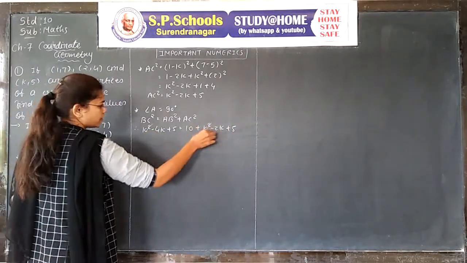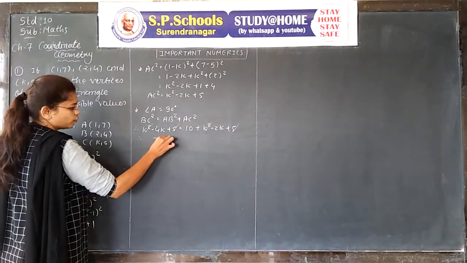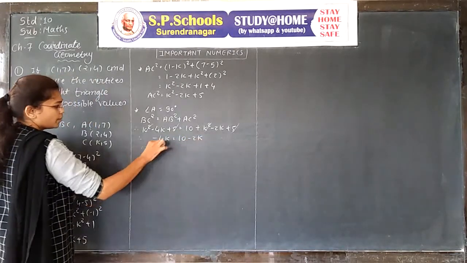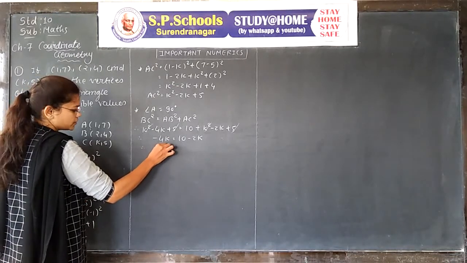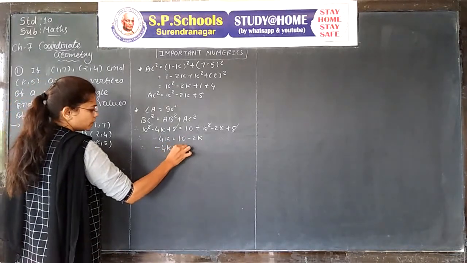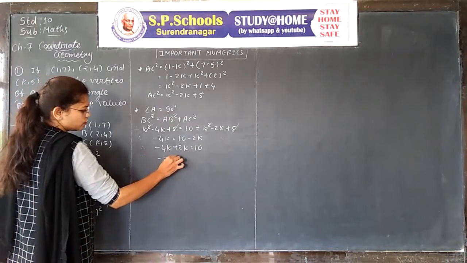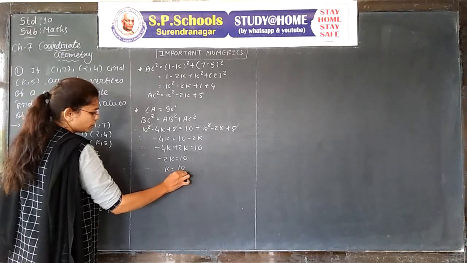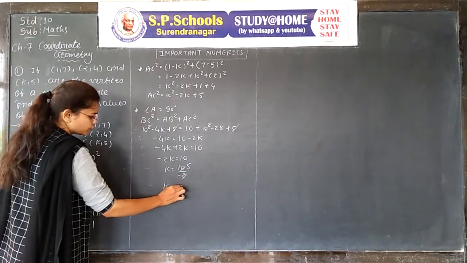K square is cut, 5 is cut, the remaining minus 4K is equal to 10 minus 2K. Shifting terms, minus 4K plus 2K is equal to 10. Therefore, minus 2K is equal to 10 and K is equal to 10 upon minus 2, so K is equal to minus 5.